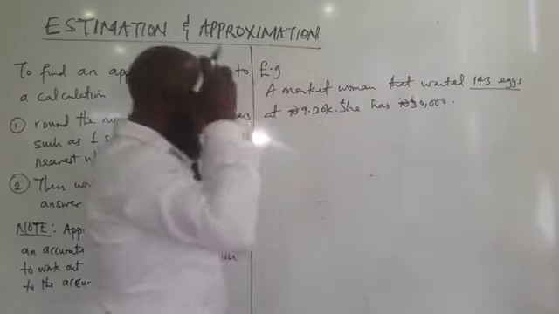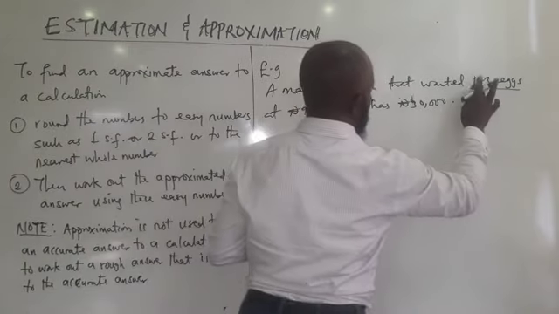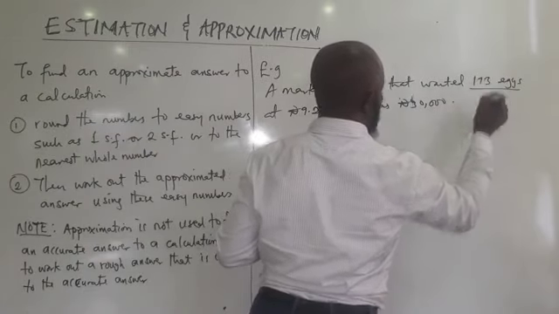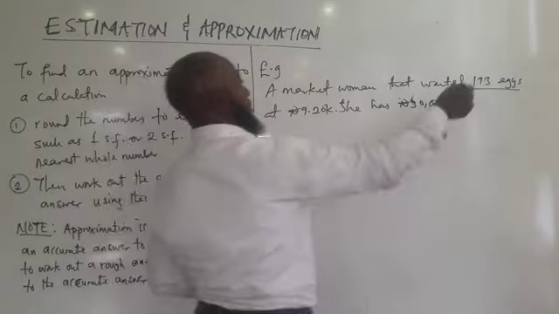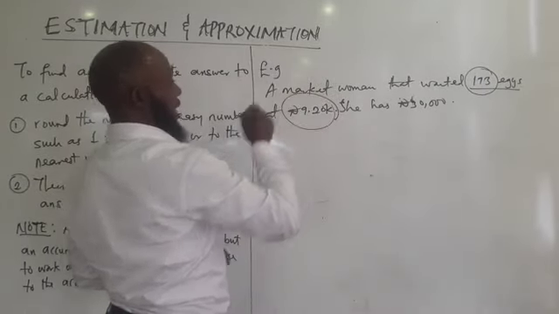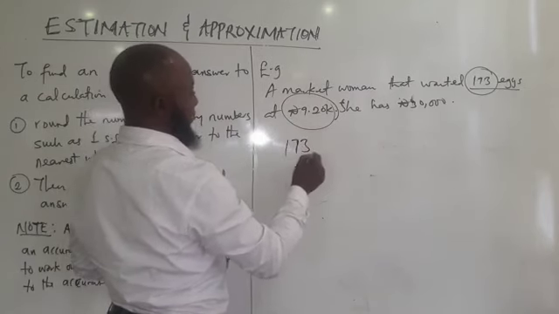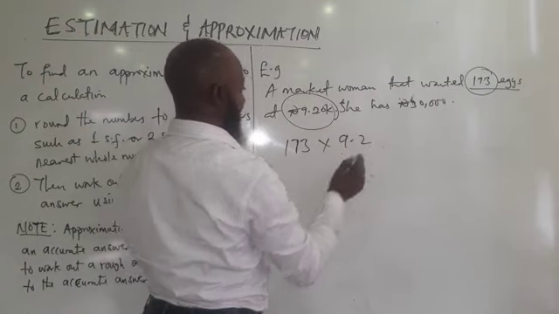So she can do the calculation in her head by doing this. Let's say this one is 173. She will just round this to one significant figure, and this one to the nearest whole number. So which means 173 times 9.2, that's what we want to get.